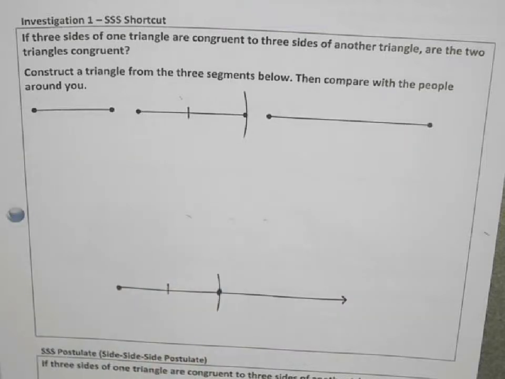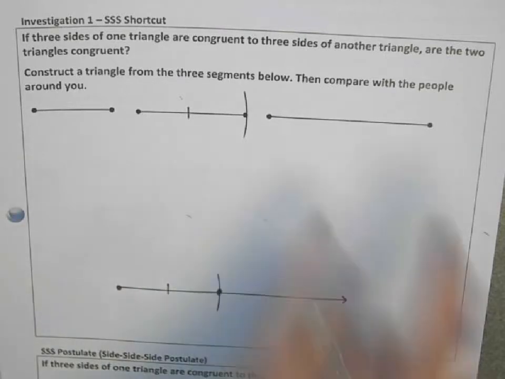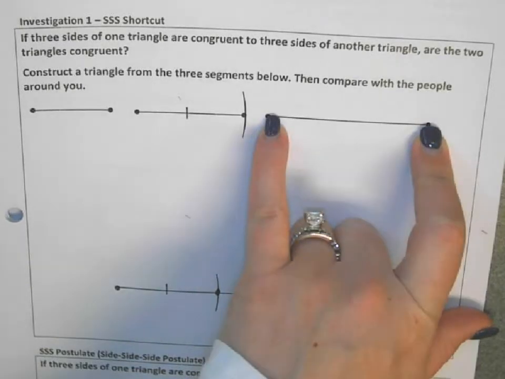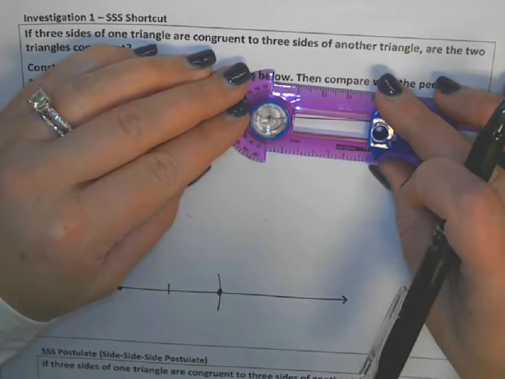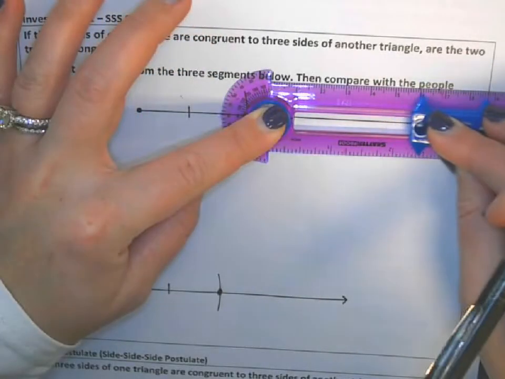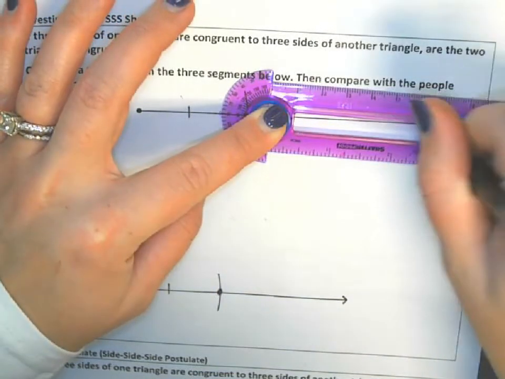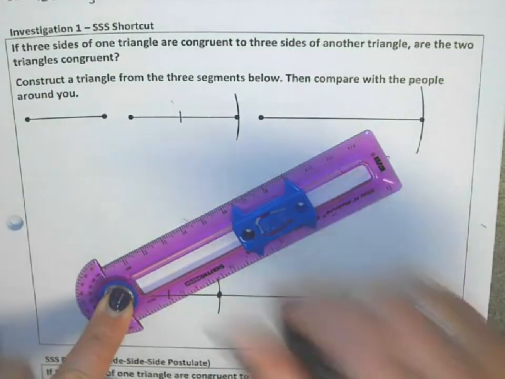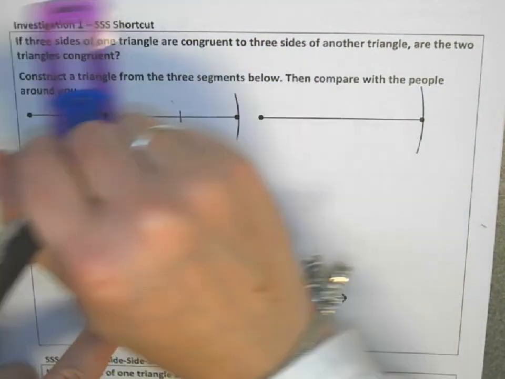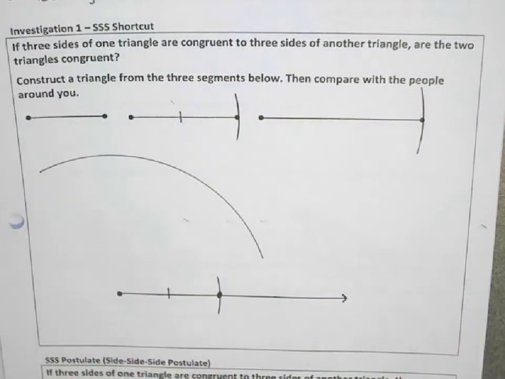That's totally fine. Now pick your next arc that you're going to have to measure. So this side, maybe you want it coming off the left side. If that's the case, measure a second segment. It doesn't matter which one you go to next. And make an arc coming off that side.